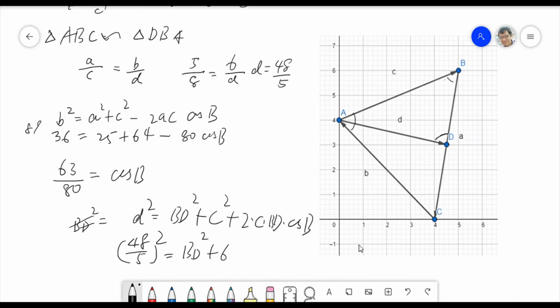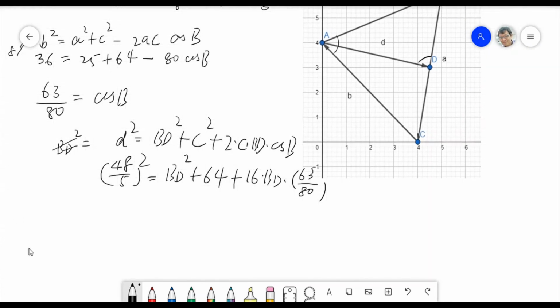So 64 plus 2C, so 16 times BD, then times cosine B, which is 63 over 80. Am I right? And then this equals what?